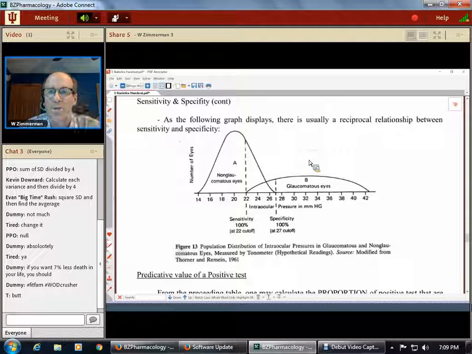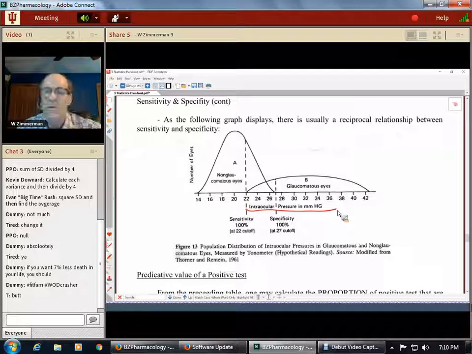As the following graph displays, it's not quite that simple because frequently there's a reciprocal relationship between sensitivity and specificity. This is looking at intraocular pressure, and clearly, if somebody has an intraocular pressure of 40, they've got glaucoma, and they're going to have problems with damage to their optic nerve and so on. But there's this gray area.